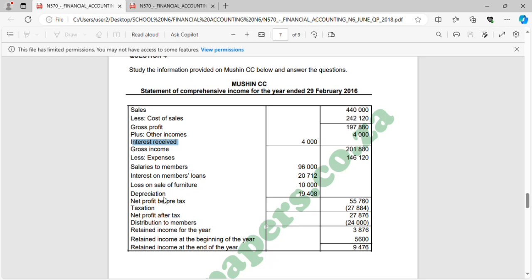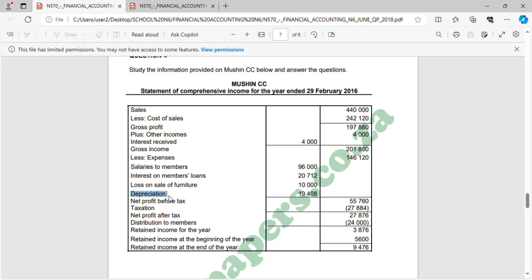So looking under the expenses, we also have depreciation of 19,408, let me highlight. So 19,408 is also going to be part of the non-cash items. But because depreciation is an expense, when you are dealing with the cash paid to suppliers, it's not going to be inside the brackets, but an inflow of cash.